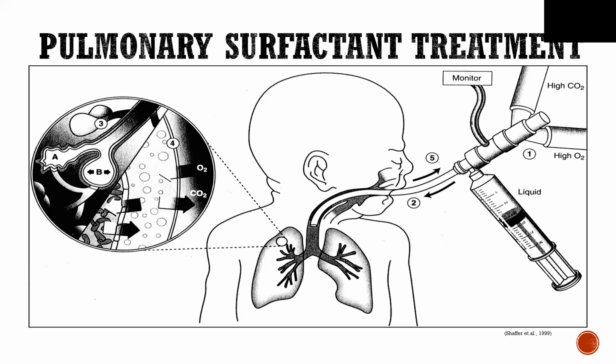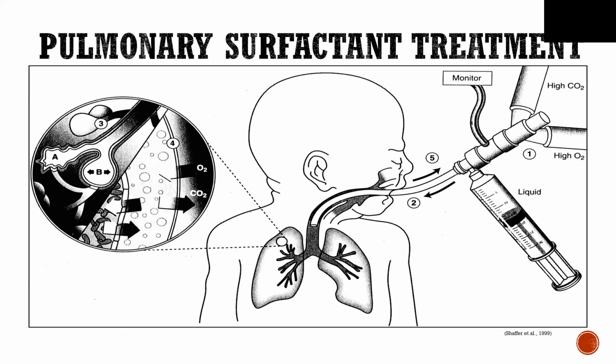Okay, so now we can see from the depiction of the neonate after he's been intubated, as I already said, he's receiving that supplemental oxygen and is receiving the surfactant treatment. As they're receiving that surfactant treatment and that oxygen, we can now see how that treatment helps the alveoli. If you see those pictures that are blown up to the left, you see A, it looks all shriveled up, right?